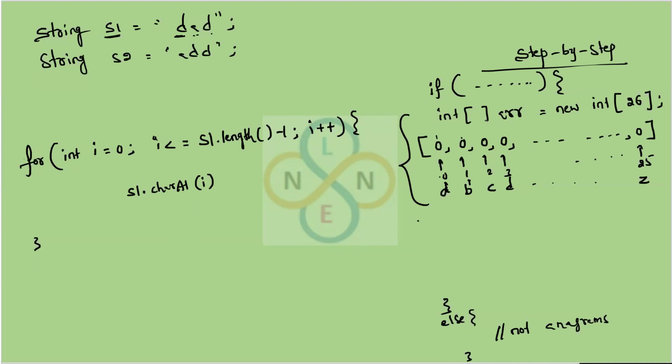What's the position of D? 3. So if we get this character, we are going to compute D minus A. Since A is a character, I'm using single quotes. This entire thing is going to give D's ASCII value, say 100, minus A's ASCII value, which is 97, and it's going to give 3, which is the index position of the letter D.